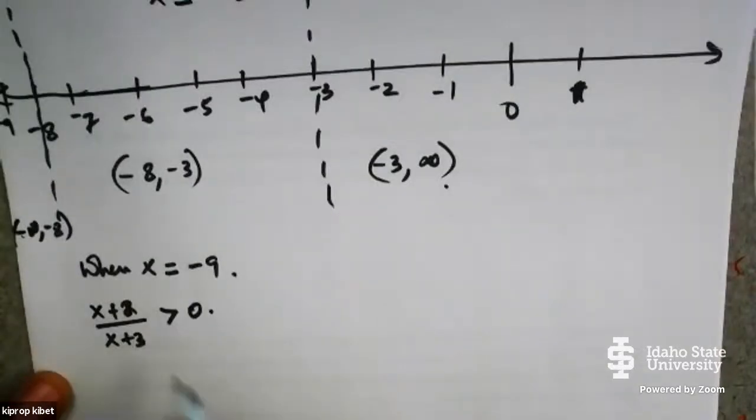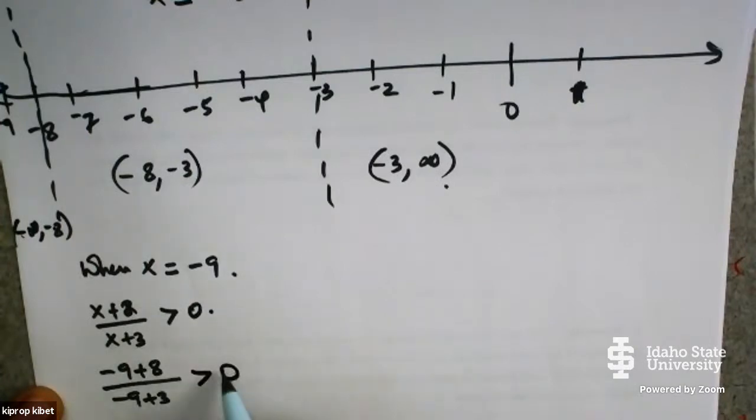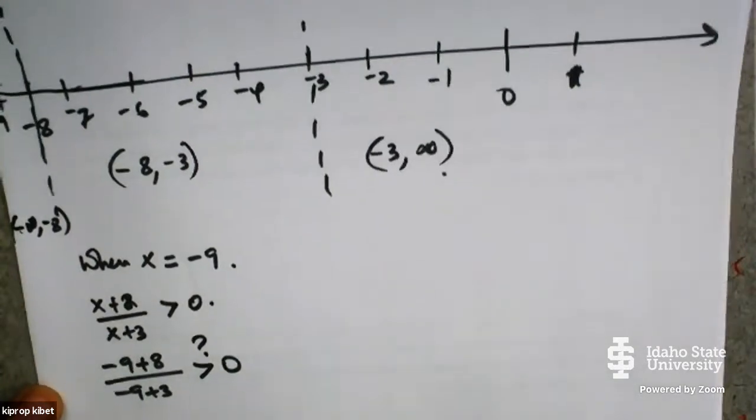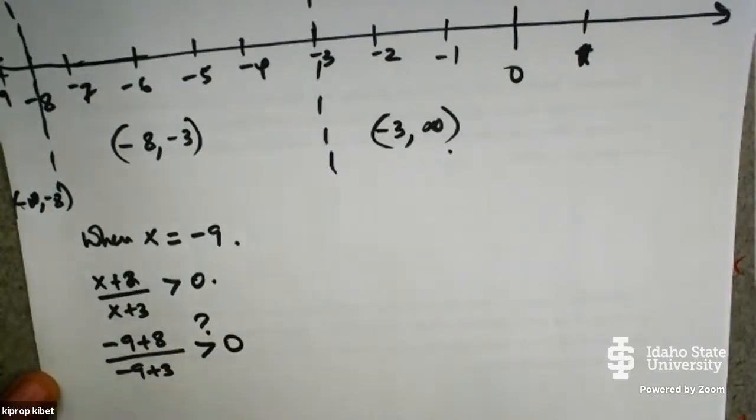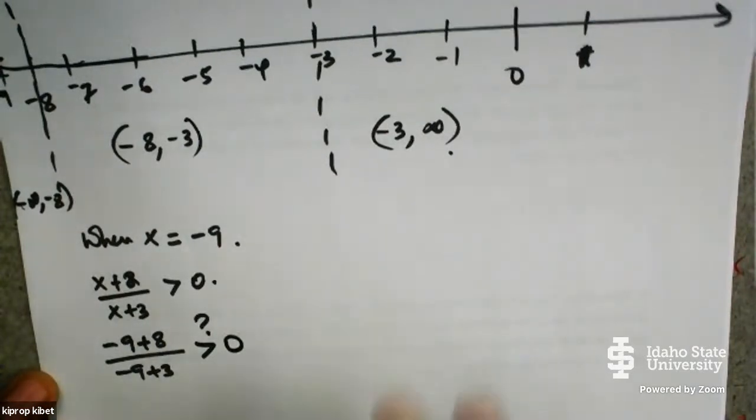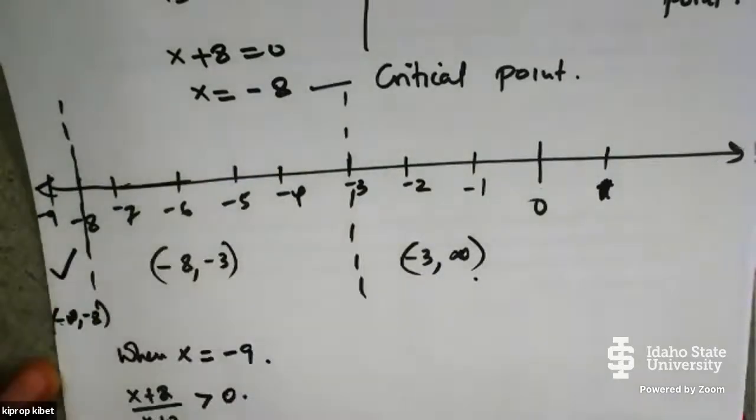Let's put minus 9 where there is x: minus 9 plus 8 all over minus 9 plus 3. Is this greater than 0? Minus 9 plus 8 is negative 1. Minus 9 plus 3 is negative 7. Negative all over negative is positive.